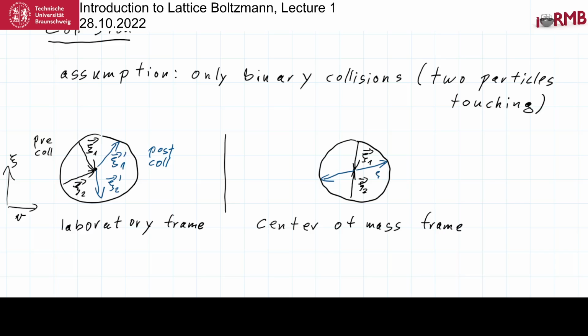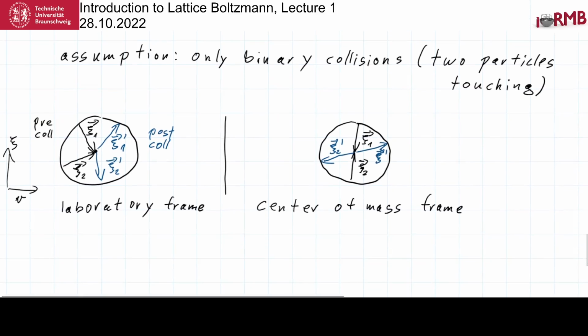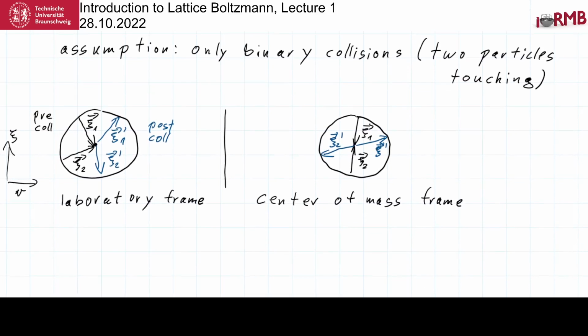So then this here G is xi1 dash and this here is xi2 dash. So this is what happens. This is how it looks in the center of mass frame of reference.